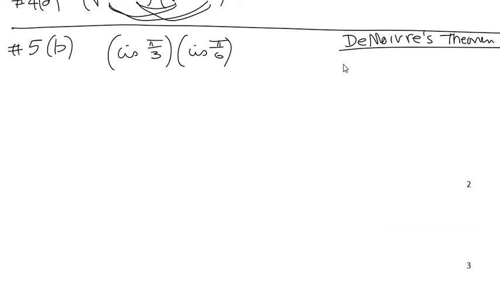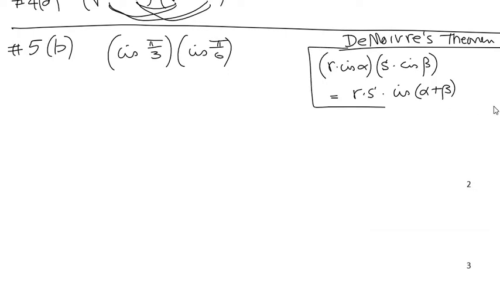And one part of that said that if you multiply r cis alpha times s cis beta, you're going to get r times s times cis alpha plus beta. Right? So we've got a rule for how to multiply complex numbers when they're in modulus argument form.